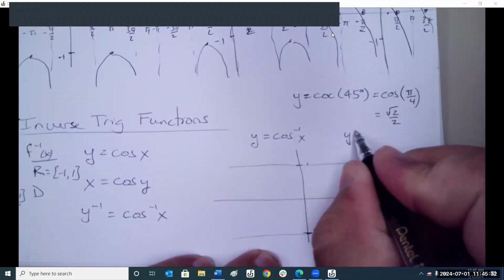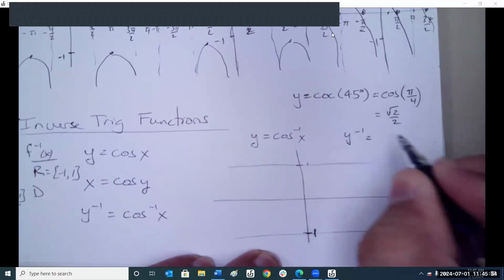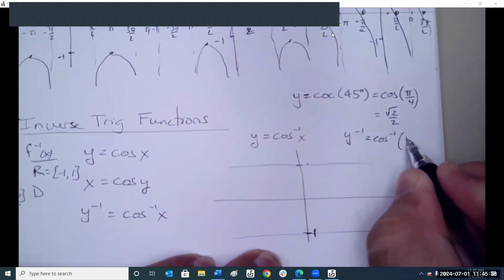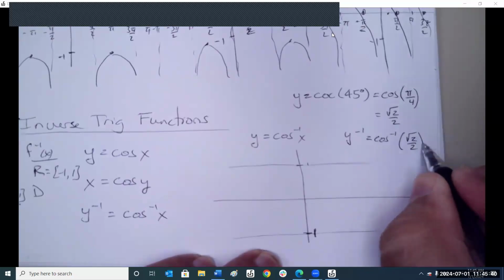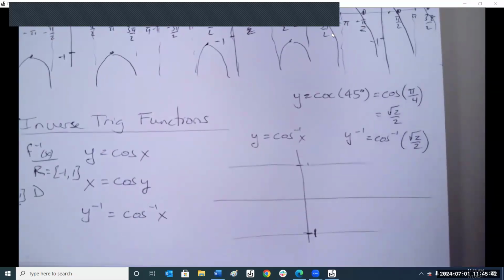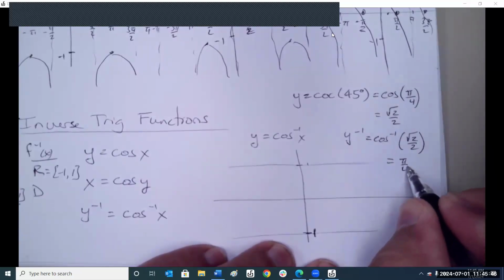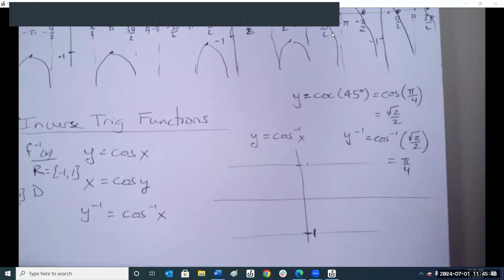Now, when I give you the inverse function, I give you the solution, you have to give me the angle that gives me that solution.